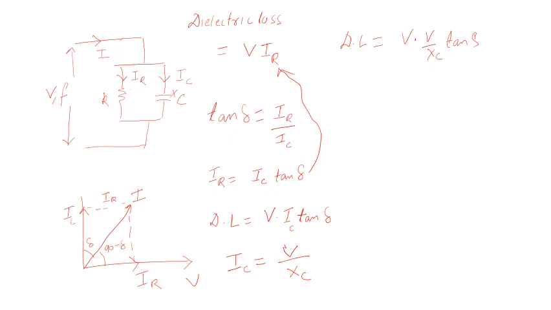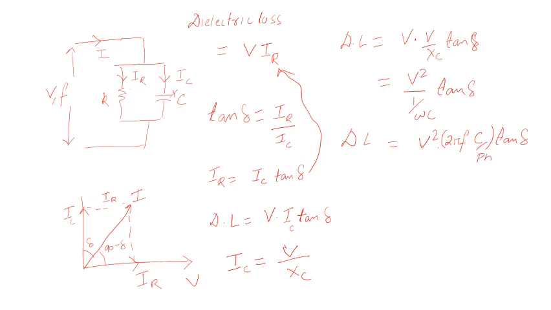Now you can write V square, and your XC is 1 by omega C, so omega C comes up. Your final dielectric loss will be V square into omega, 2 pi F, and C and tan delta. And remember, V is your per phase value, so capacitance also is your per phase value.